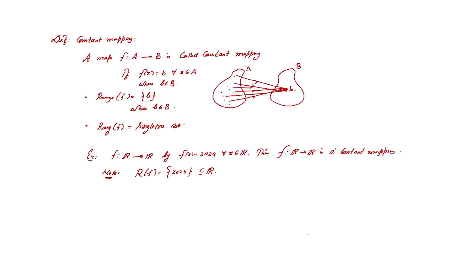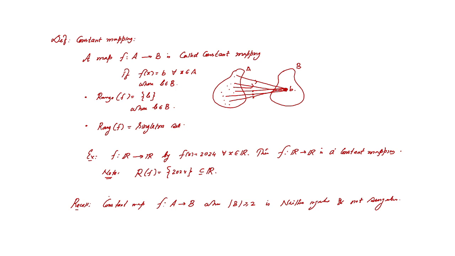Whereas the constant mapping, you will recall here, the constant map f from A to B, where the cardinality of the set B is greater than or equal to 2, is neither injective nor surjective. So this is not a bijective mapping, the constant map.